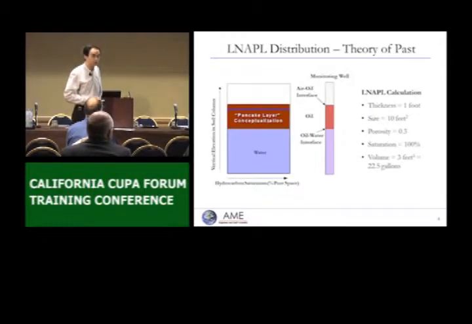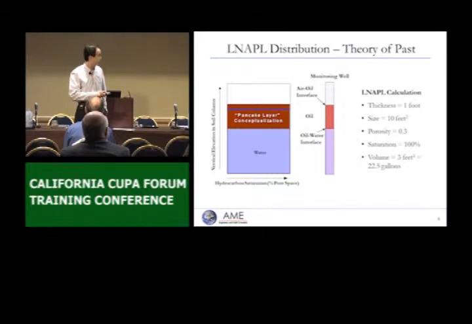Now, let's look at some of the old theory of the distribution of oil in the formation, in the aquifer. If we gauge monitoring for the oil, let's say I assume this is 1 foot of product in this well.